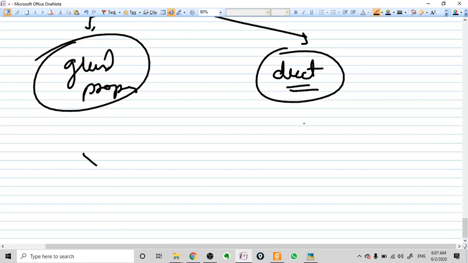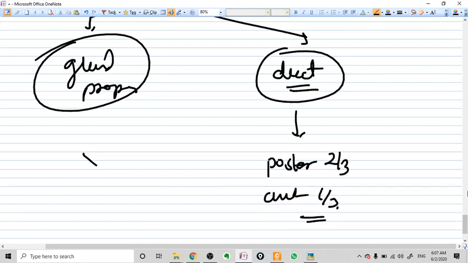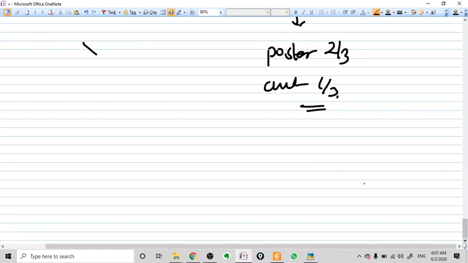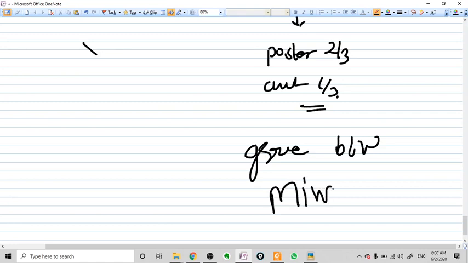The duct opens in the vestibule at the junction of the posterior two-third and anterior one-third of the vaginal orifice, where it opens in the groove between the labia minora and hymen.